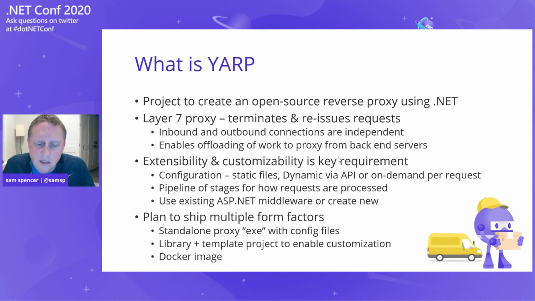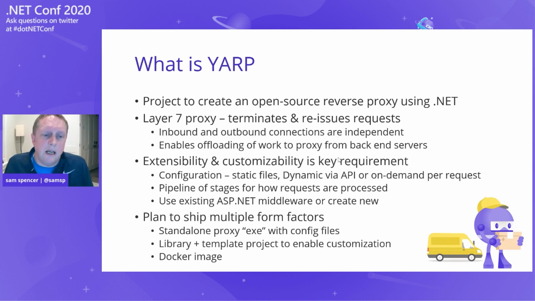The reason why people came to us for YARP is they wanted to customize what they've got. Most of the existing proxies that are available are written in C++. It gets pretty hard to make modifications. The key difference with YARP is we're written in C#, and we follow the same kind of pipeline model as ASP.NET.